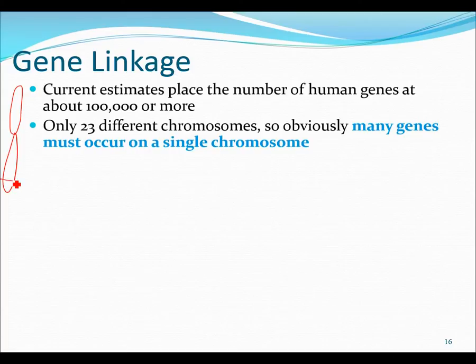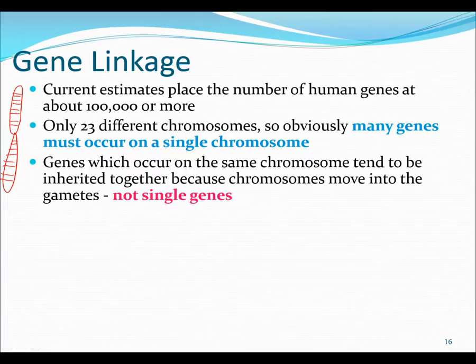The chromosome doesn't have just one gene location, but many different gene locations. Since there's only 23 pairs, we know those 23 pairs are fully loaded with more than one gene. Genes that occur on the same chromosome tend to be inherited together.